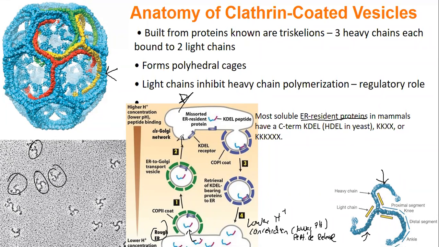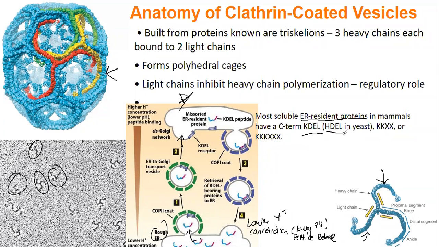Now, these proteins have a C-terminus sequence, a C-terminus tag rather, that tells the cell, hey, this protein must stay in the ER. For mammals, the C-terminal sequence is usually KDEL: lysine, aspartic acid, glutamic acid, leucine.